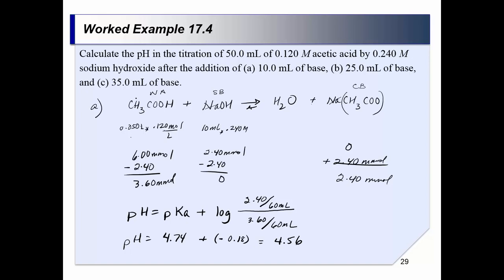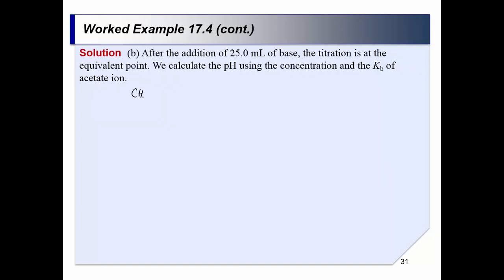For B, again, we need to keep the acid-base reaction in mind, forming water and our acetate ion. After, we're still going to start with our 6 millimoles. But this time instead of having 2.4 millimoles of our base, we start with 25 milliliters of base.